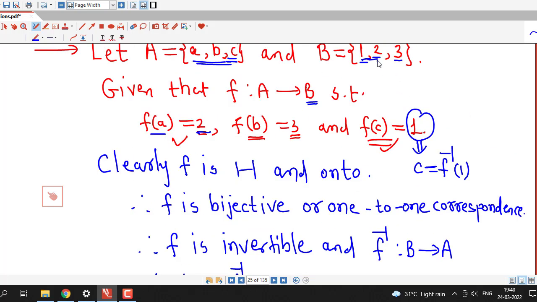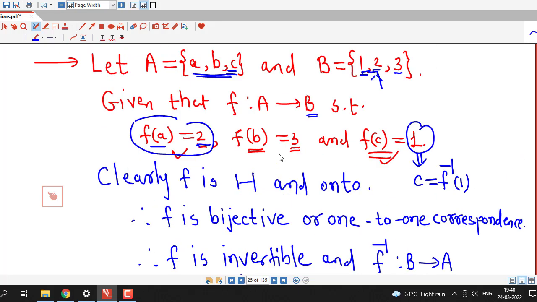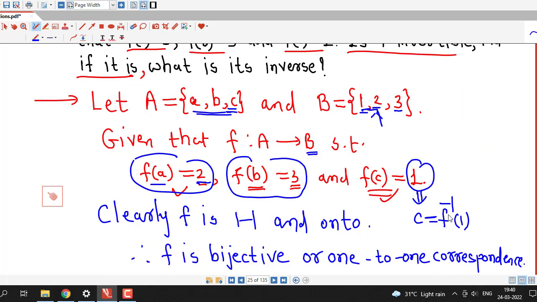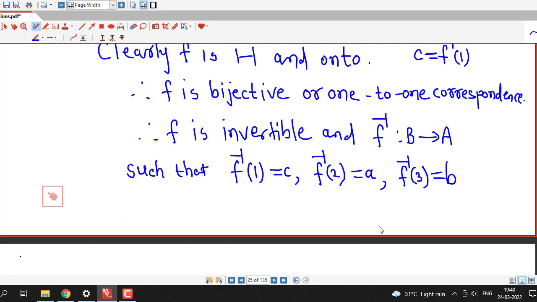Then I consider another element 2. f of a is 2, therefore f inverse of 2 will be equal to a. So image of 2 is a under f inverse, and image of 3 under f inverse we will obtain from here. f of b is 3, therefore b equal to f inverse of 3. So we can see that for every element of set B we are having a unique element from set A, therefore f inverse is a function from B to A, and it is defined in this way.